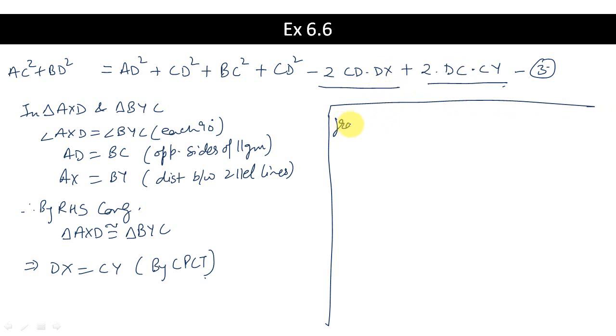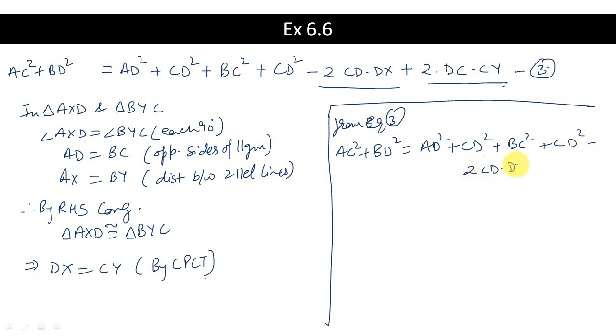So from equation number 3, we'll get AC square plus BD square is equal to AD square plus CD square plus BC square plus CD square minus 2 times CD into DX plus 2 times DC into DX.